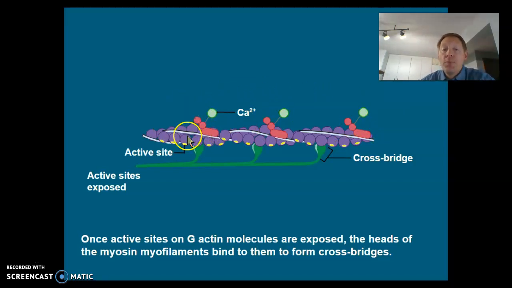One aside that I think is interesting is that you may have heard of something called rigor mortis. Rigor mortis happens to anybody after they die. It happens to any mammal, actually, not just humans.